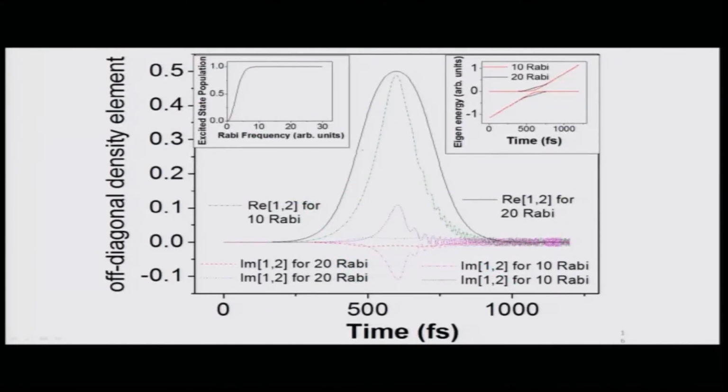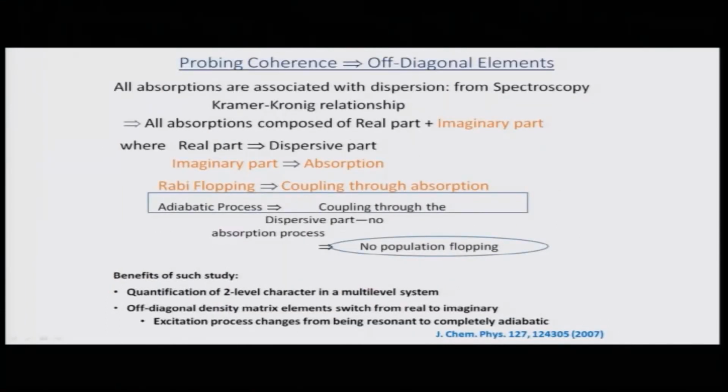So, based on these understandings and checking it through many different intensity patterns and conditions, we have managed to distill a few of the important aspects related to probing the coherence coming from the off diagonal elements of the density matrix.